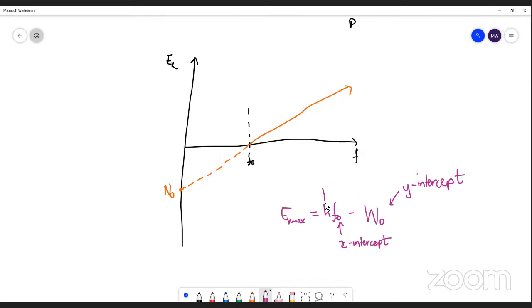And this over here is your slope, your gradient. So your Planck's constant in this case is actually your gradient. And then this is obviously your y values. So your work function can be obtained by extrapolating a graph like this using a ruler.